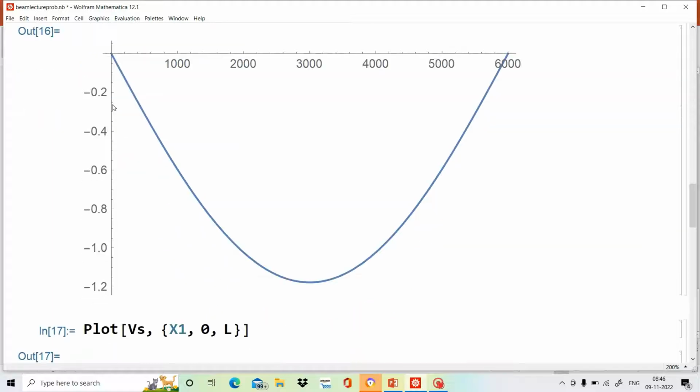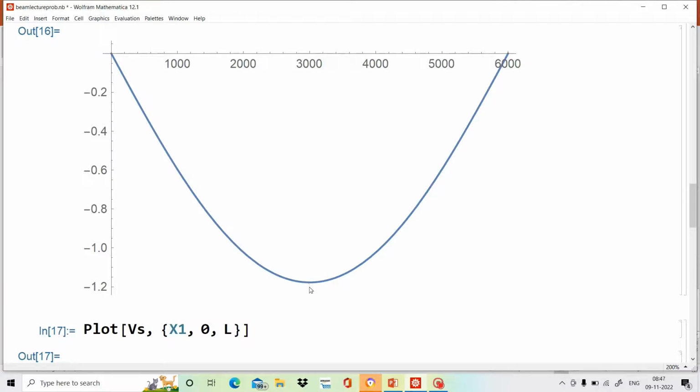We can see 0 to 6000 is the length of the beam in mm, and throughout the length of the beam the deflected shape is shown here. The maximum deflection at the center is minus 1.2 mm.